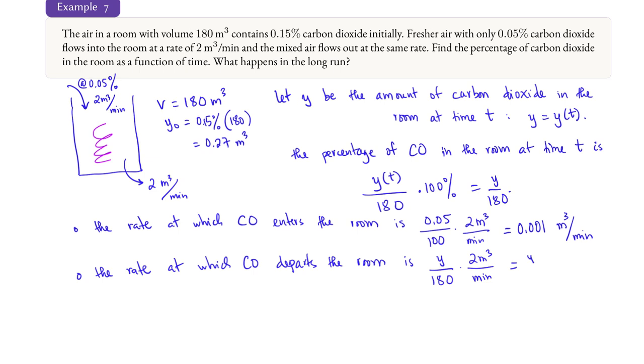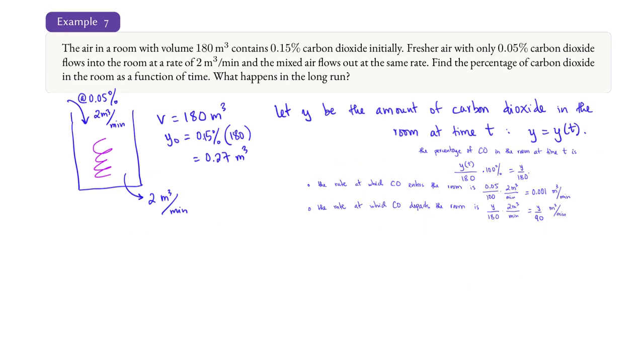The unit is cubic meters per minute. So the rate at which the carbon dioxide in the room is changing at any time is the rate in minus the rate out: 0.001 minus y over 90. Rewrite this equation: y' = 0.001 minus 1 over 90 y.